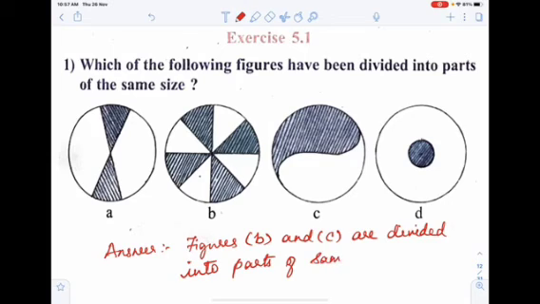Correct, children? Did you understand? So B and C are the figures that are divided into equal parts. Okay, shall we move on?